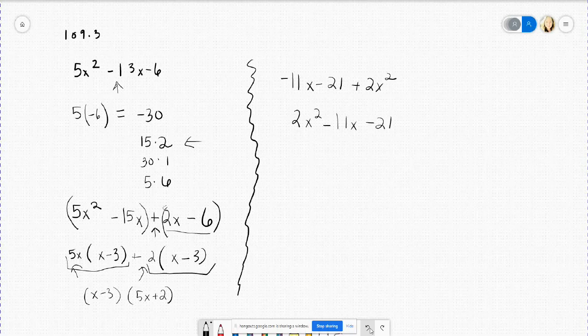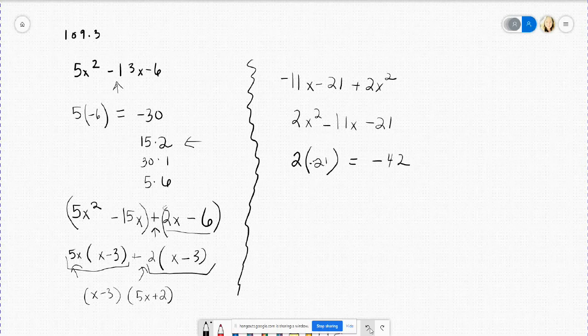Okay, what's the A term? Okay, so what are we going to take out of that? 2, right. Just the 2, yeah. And then what's the C term? That's right. All right, and that's going to equal negative 42.